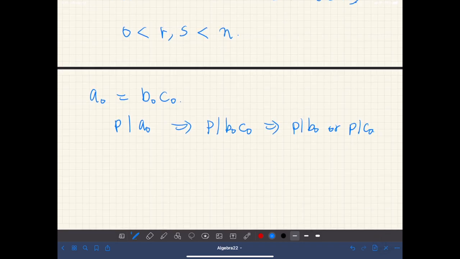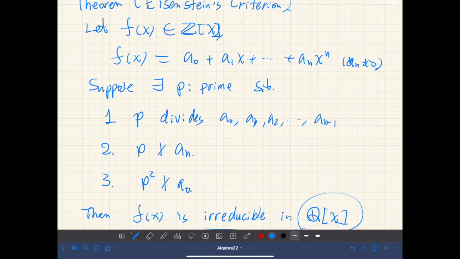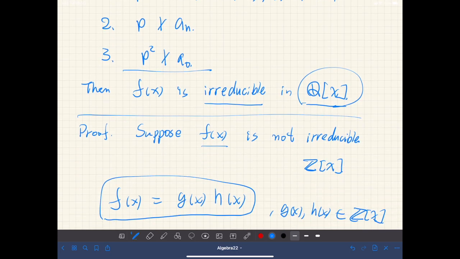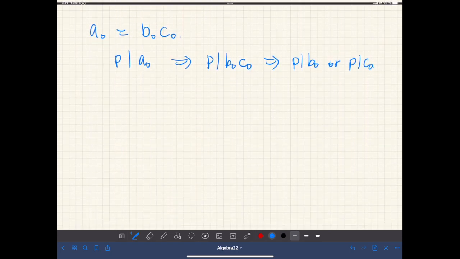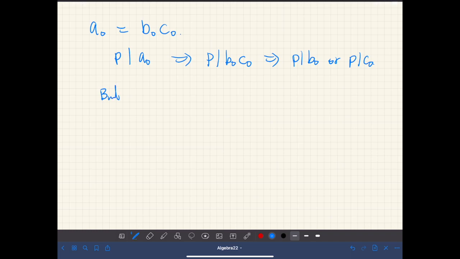However, by assumption 3, p squared does not divide a0. Therefore, p divides only one of b0 or c0.